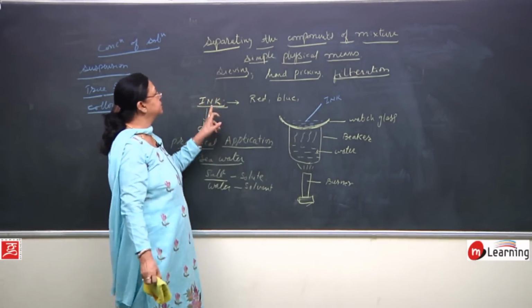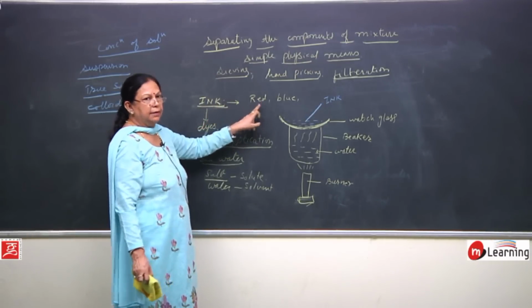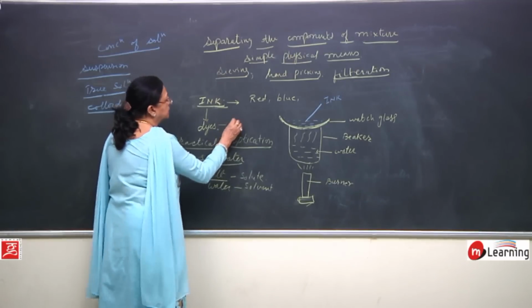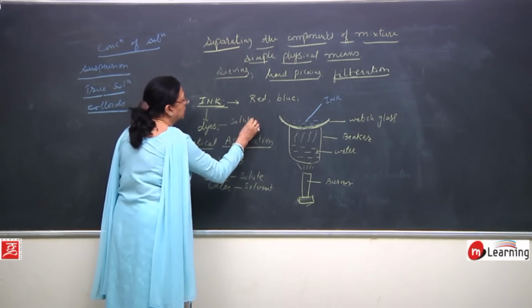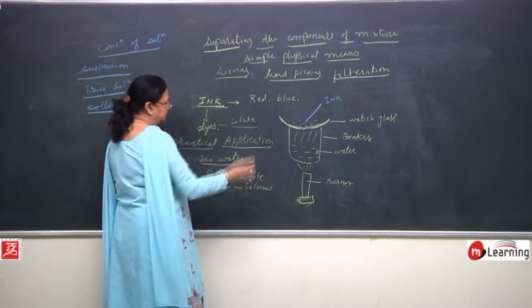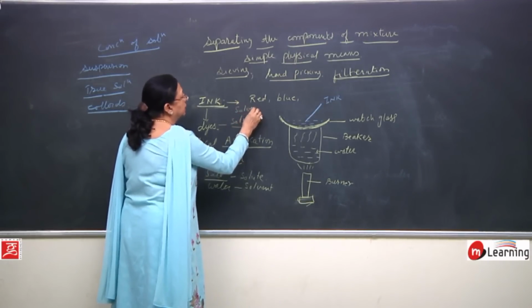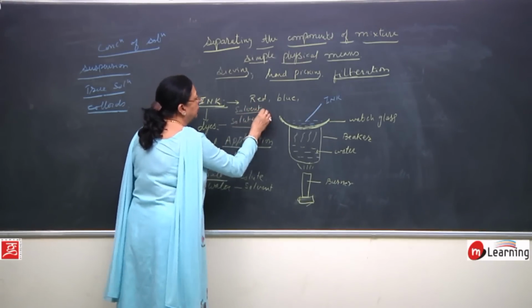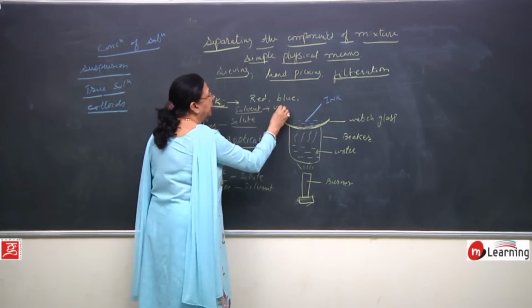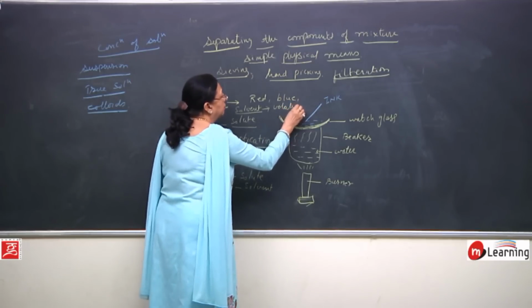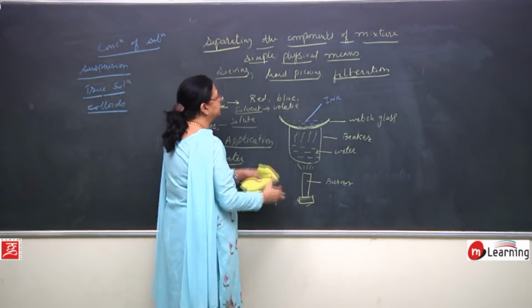The same in the case of ink. This dye is solute, and the liquid which is present here in ink is called solvent. The solvent is volatile. Volatile means what?